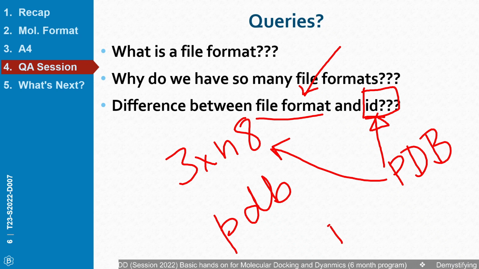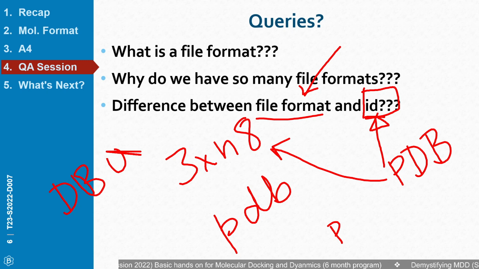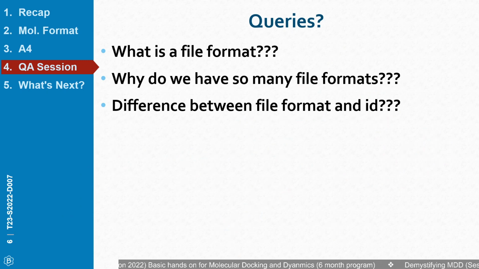If we go to PubChem, they have a different ID set. And if you have visited DrugBank, they have some DB00-something ID format. So an ID is specific to a database, and if a database is universal, that ID can be reused or mentioned in a research paper. So I guess the file format and ID difference is clear to you.